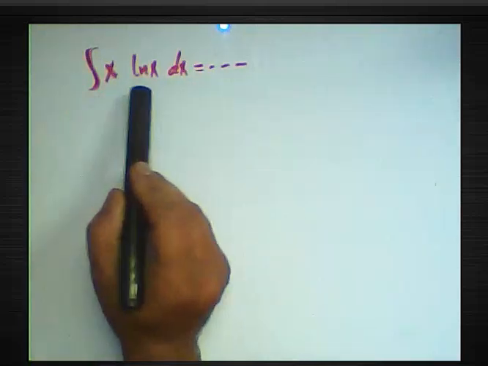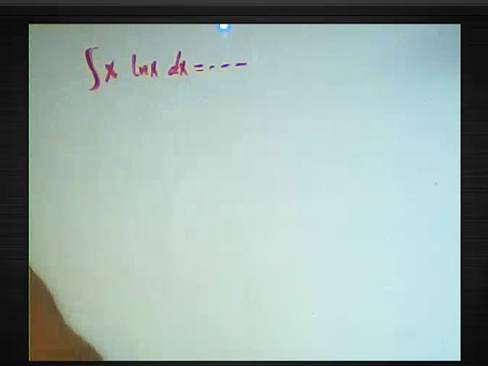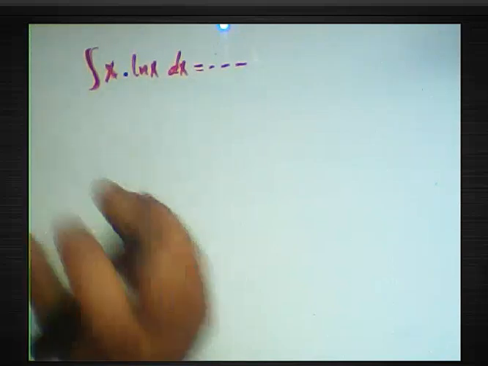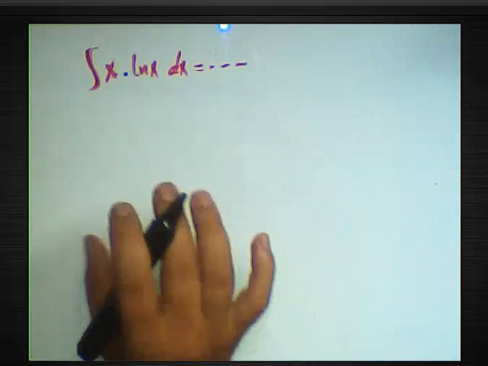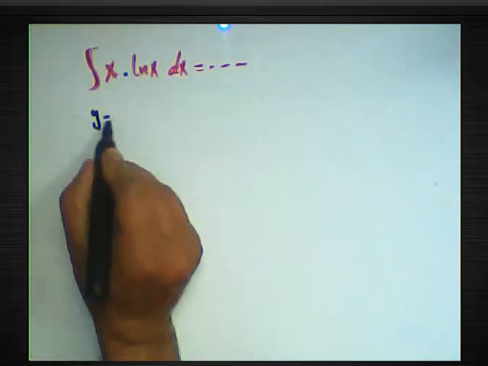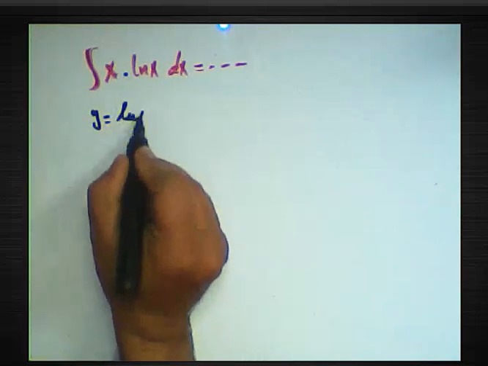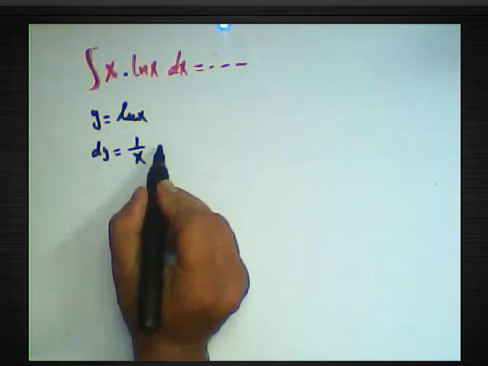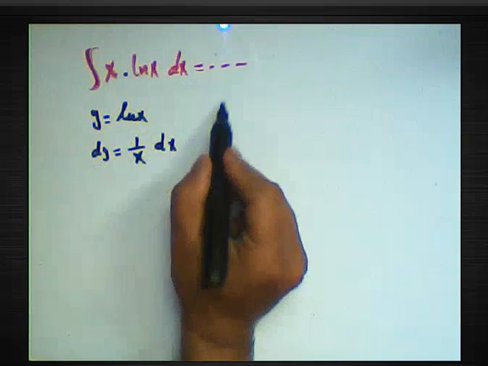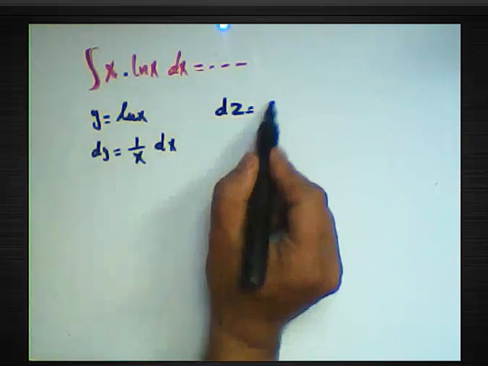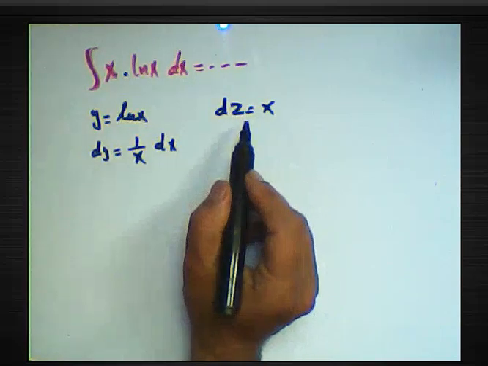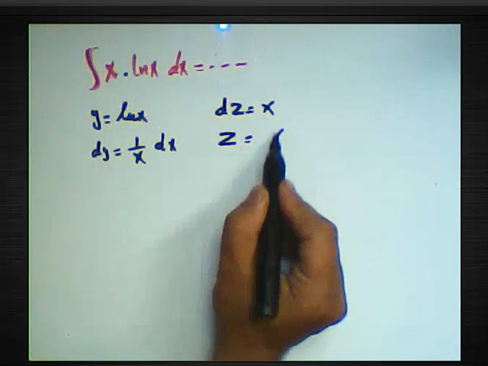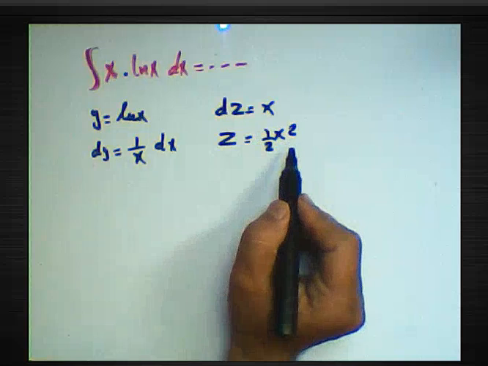Integration of x multiplication of ln x dx. We must determine the function whose derivative we take and the second function whose integration we take. Put y equal ln of x and its derivative will be 1 over x dx. And put dz equal x dx, integration of dz will be z, integration of x will be x²/2.